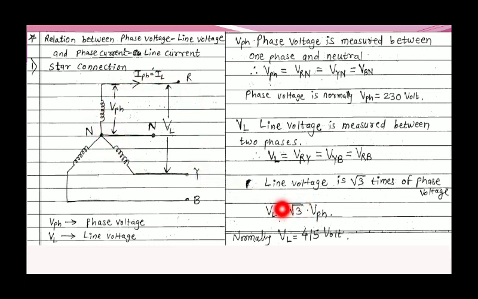So VL is equal to root 3 times the phase voltage. Whatever voltage appears between phase and neutral, if you multiply it by root 3, we get the voltage between lines. We have to remember that line voltage is always greater than phase voltage, it is root 3 times the phase voltage.